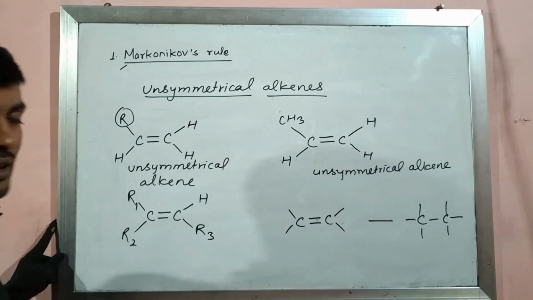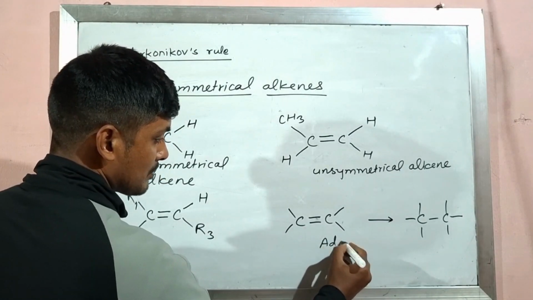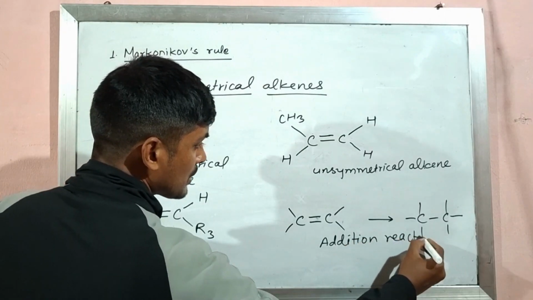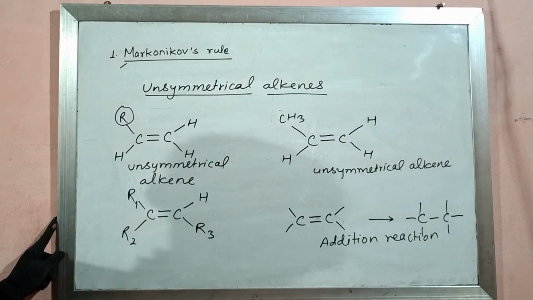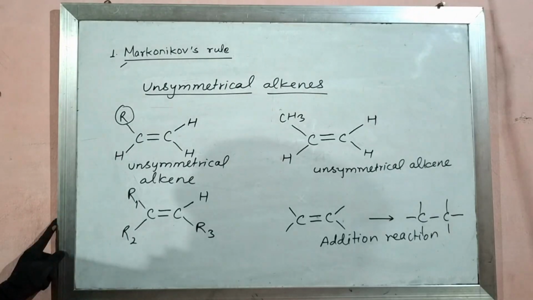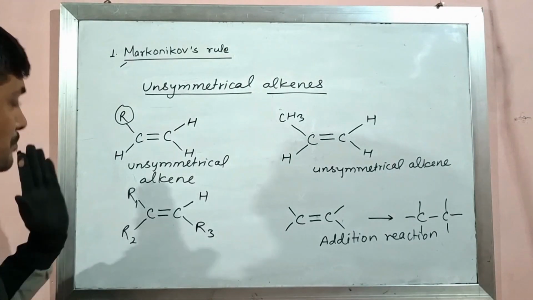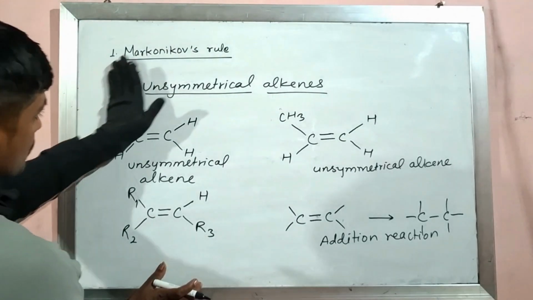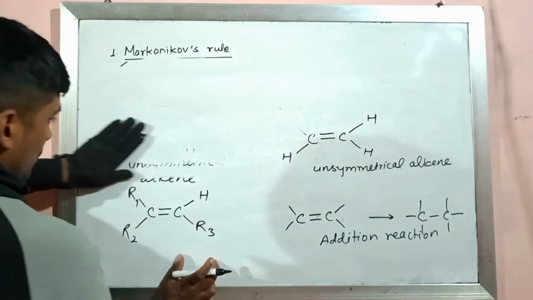This type of conversion is called an addition reaction. So Markovnikov's rule is applied in the case of addition reactions of unsymmetrical alkenes. Now, let's try to understand what happens with some examples.